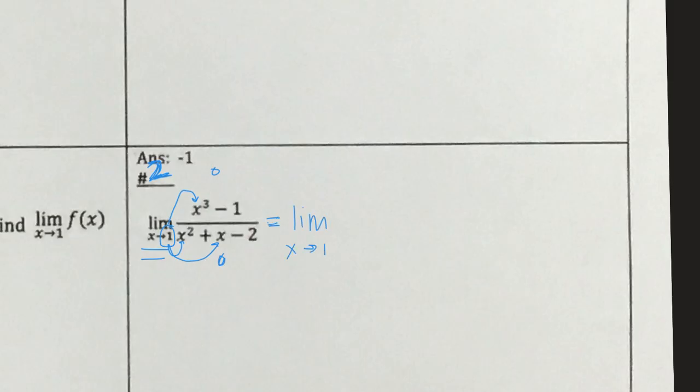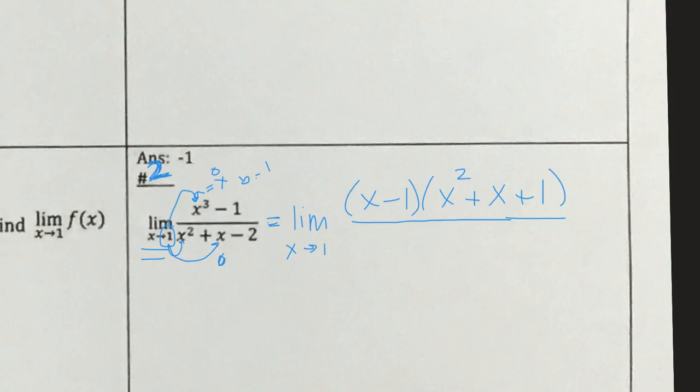So this is a special type of cubic factorization with an a value that is x and a b value of 1. Okay? So this is a special cubic factorization. It factors to x minus 1, and then the remaining stuff is x squared plus 1x, which is just x, plus 1 squared, which is just 1.